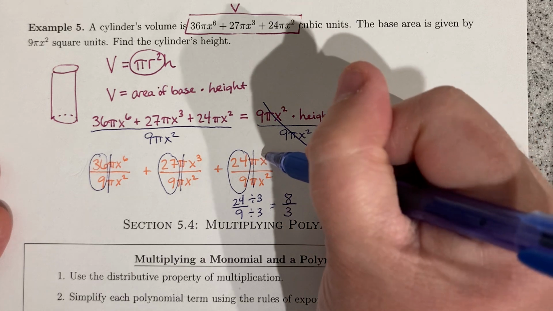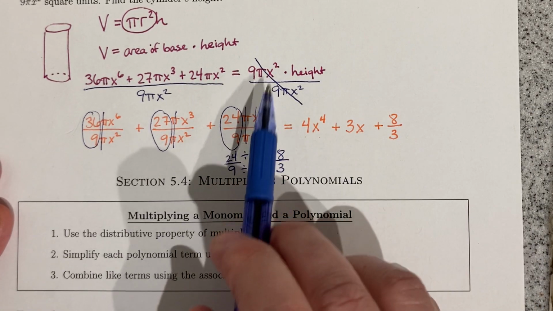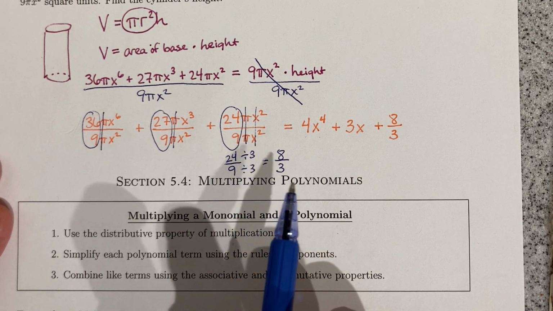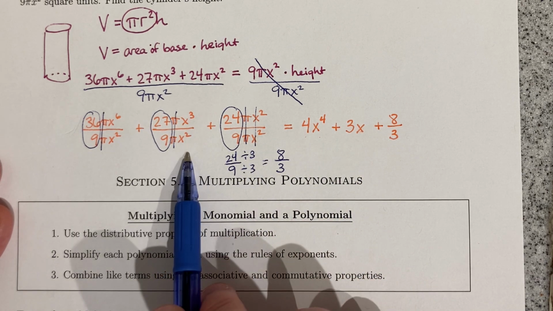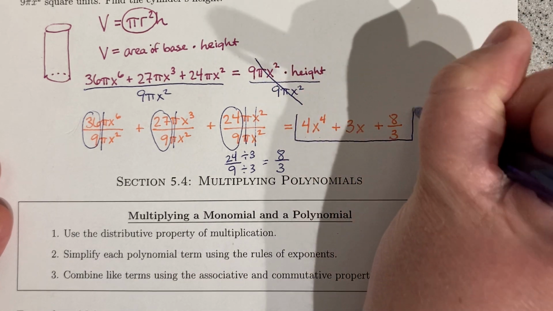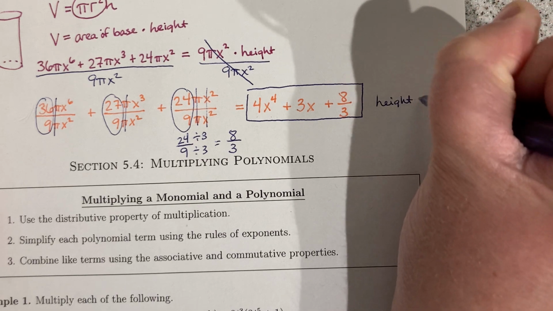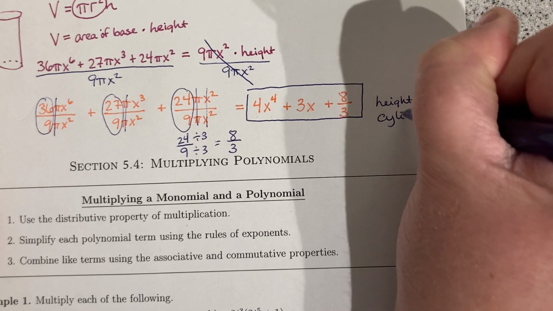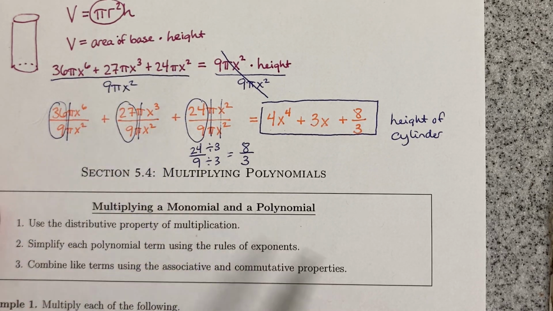And in this one, the x squareds cancel, so there isn't any x left. When everything cancels, the only thing left behind is a 1, right? The x means that there was 1 x extra on top. So this formula is the height of the cylinder. Because all we did was take the volume and divide by the area of the base that they gave us.